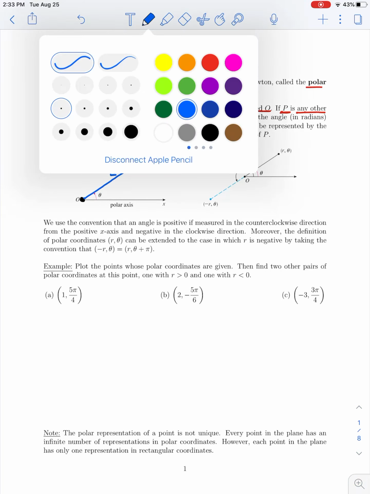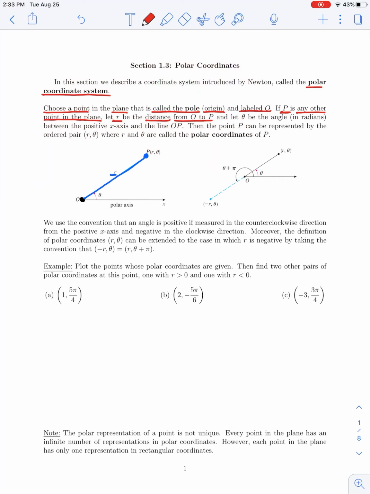Now, we would sometimes call R the radial coordinate, so a little extra terminology here. R is sometimes called the radial coordinate. And then we would let theta be the angle measured in radians, which lies between the positive x-axis and the line connecting OP.